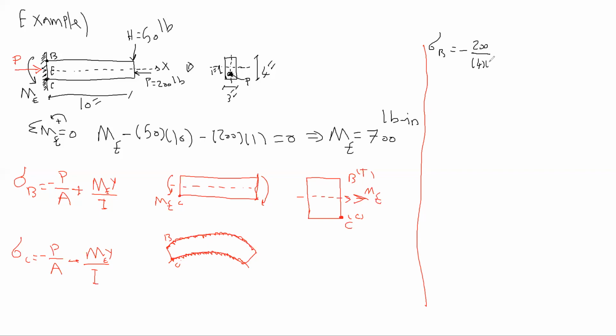Plus, the moment is 7. Again, guys, don't put the positive or negative for the moment, just the magnitude. What is y from the neutral axis to point B? 2, exactly. 2 inch.